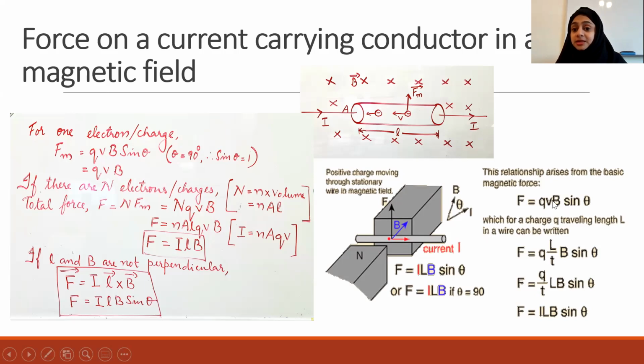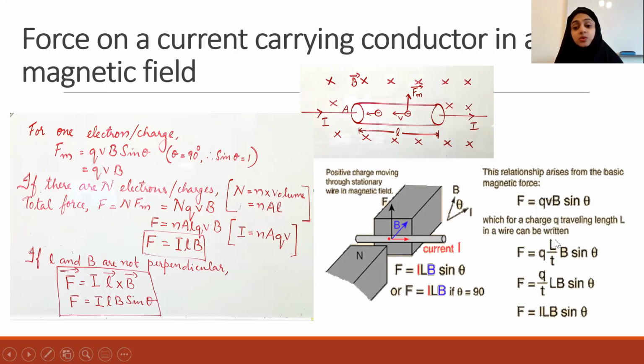Then they considered that the velocity is equal to distance traveled by time, right? What is the distance traveled? The length of the conductor, and they considered v as equal to L by t. Here L is the length of the conductor and t is the time taken for a charged particle to move along this length.